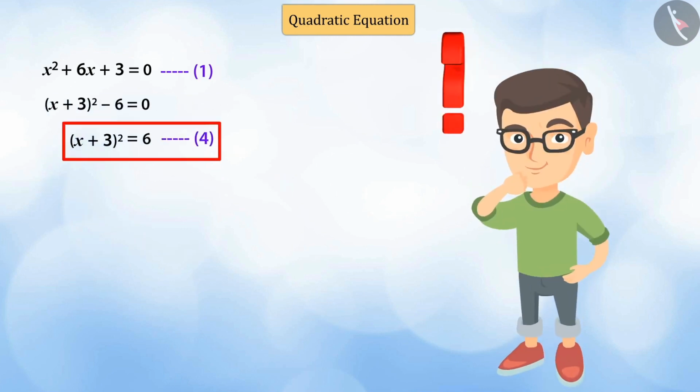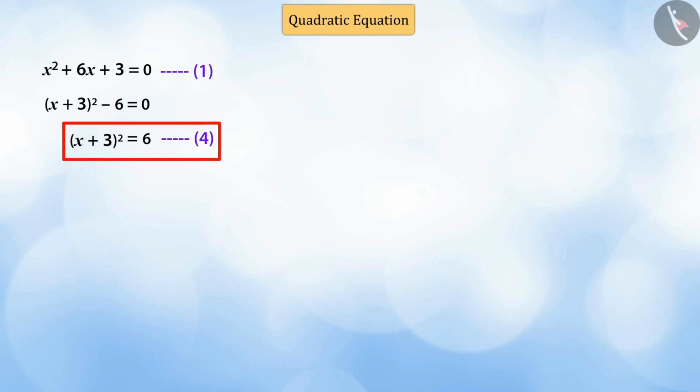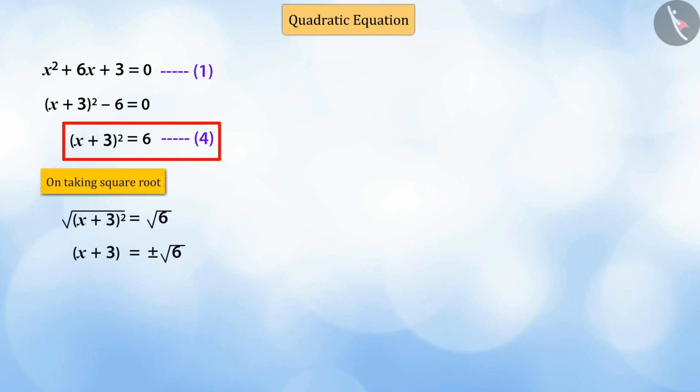Can you now find the value of x by solving equation 4? Well done! If we take the square roots of both sides of equation 4, we get x plus 3 equal to plus minus root 6.